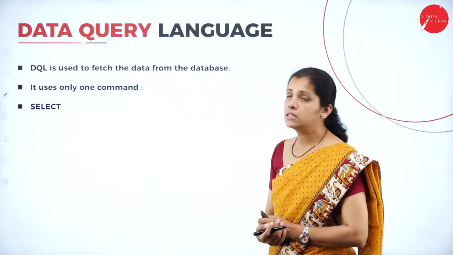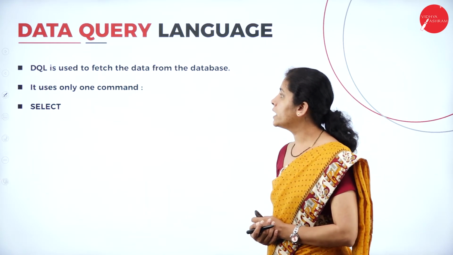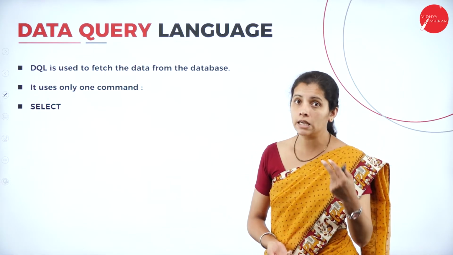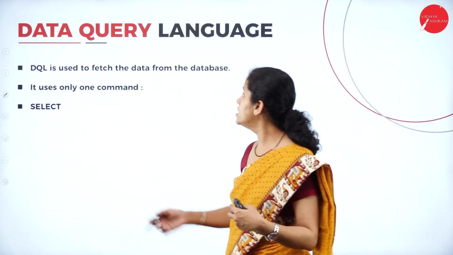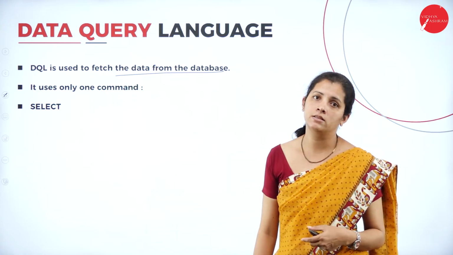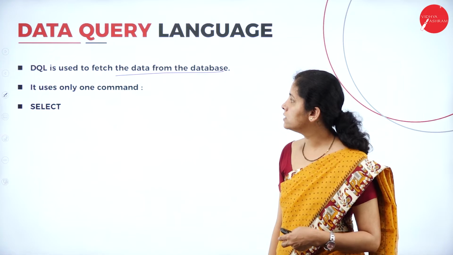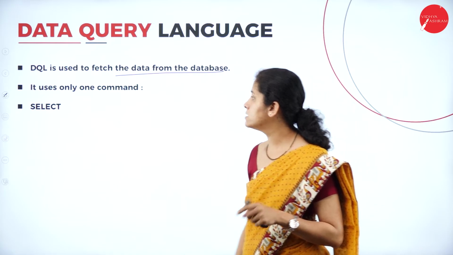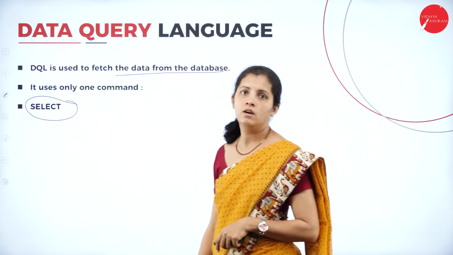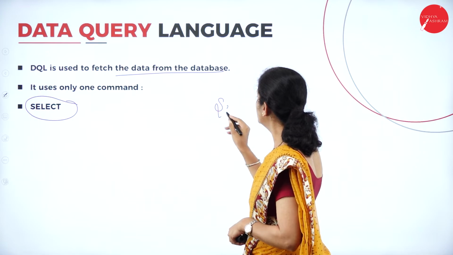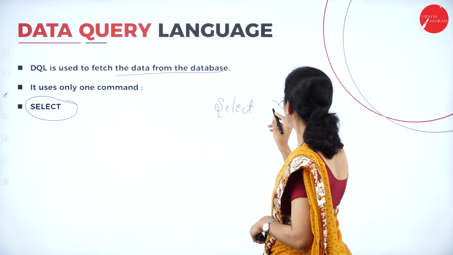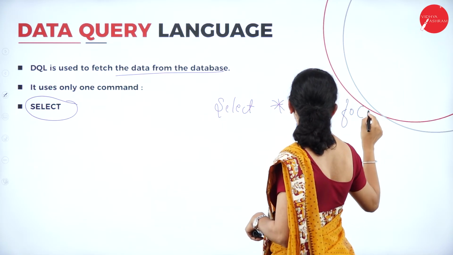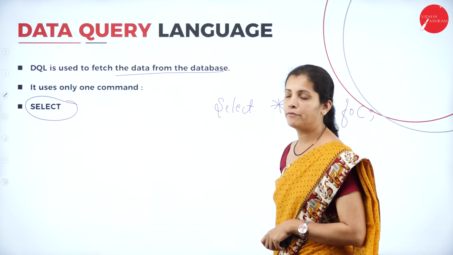Now, the last type here is data query language. Data query language is mainly used to get the response or to fetch the data from the database. Suppose I want to fetch any data from the database, I'm going to use select. For example, select star from, I want to specify the database name, that is FOC.